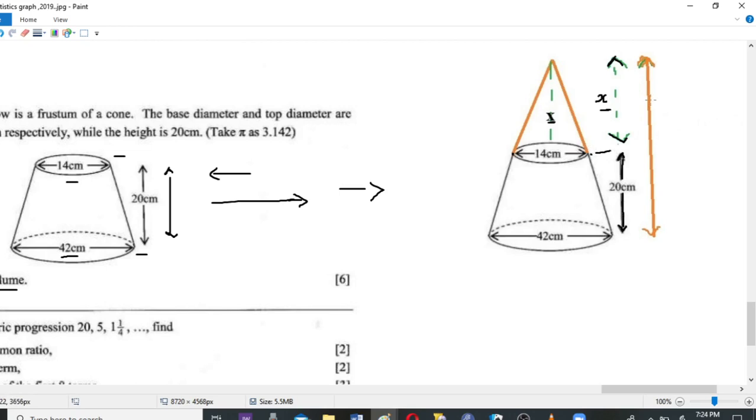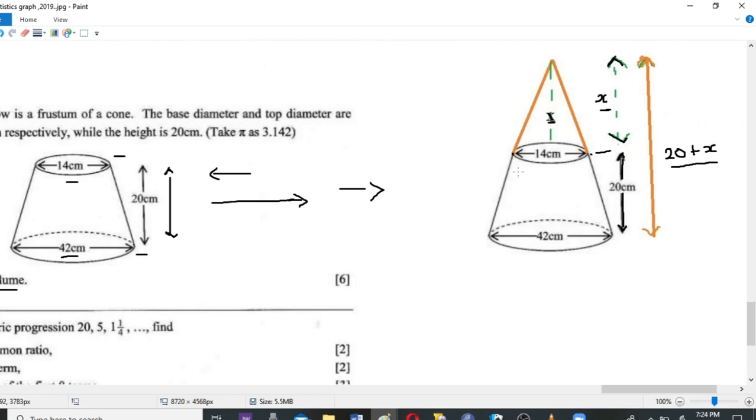So the total height for the whole complete frustum is 20 plus x, where x is the height of the top part, which we don't know. So to find the volume, first we need to calculate the value of x.